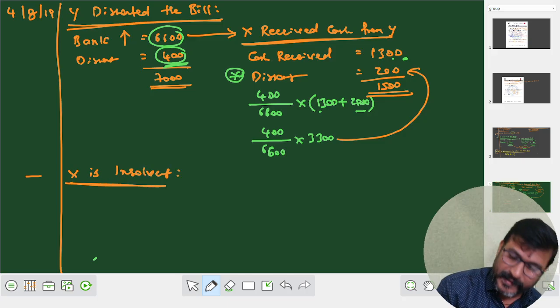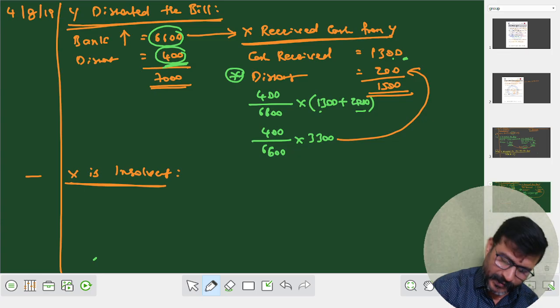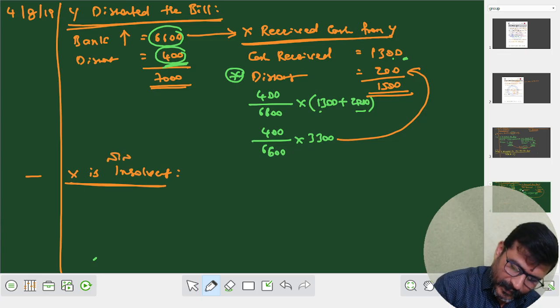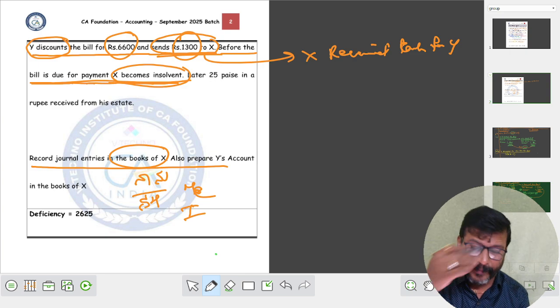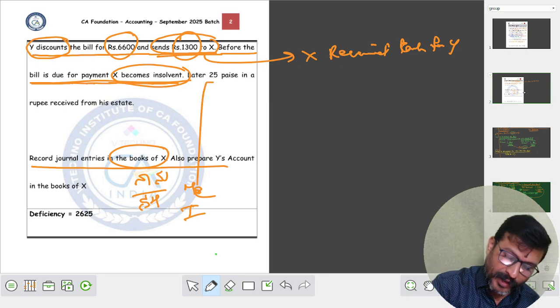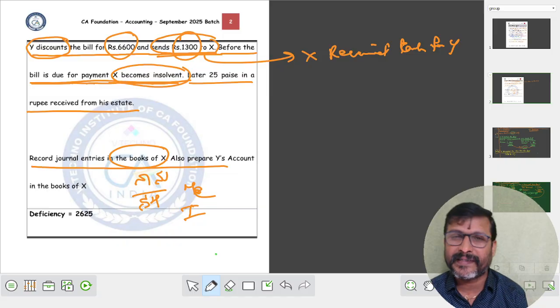Who is X? X is insolvent. Later on, 25 paise is received from his estate.